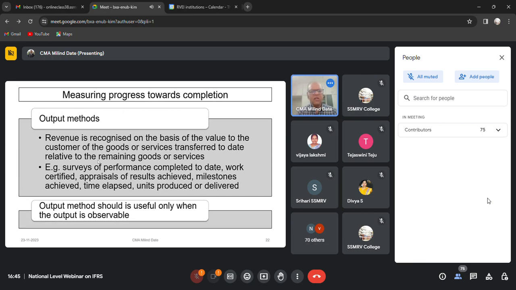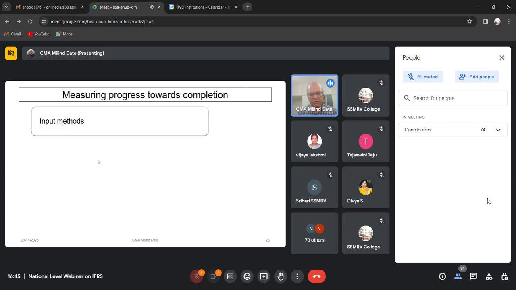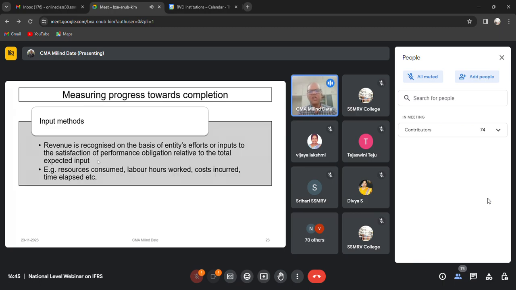How to use the input method? It is generally the percentage of completion. Revenue is recognized on the basis of inputs, the entity's efforts or inputs to satisfy the performance obligation, relative to the total amount of expected input.